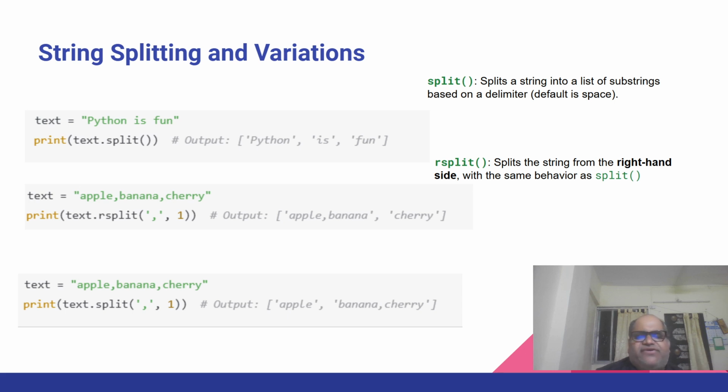Left split is as such not supported, but you can get the same result by splitting with a similar structure from the left. So we have now covered string splitting and its subtle variations.